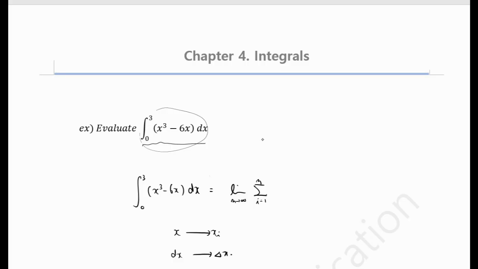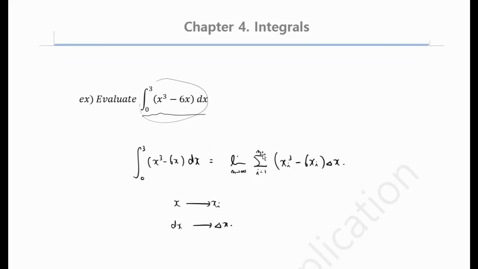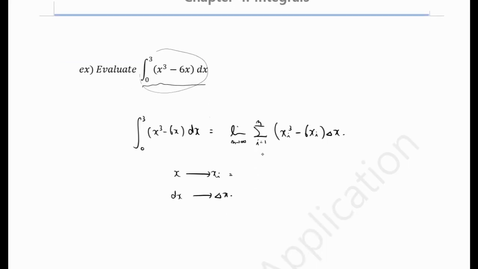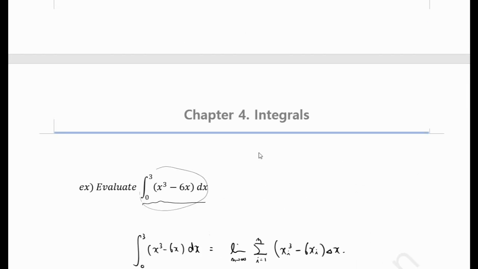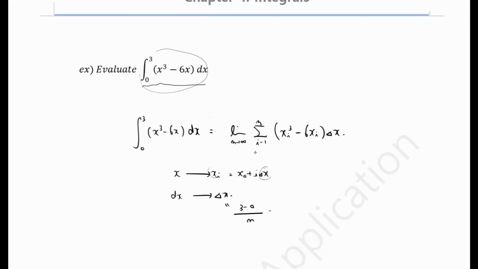So this is xi cubed minus 6xi, times delta x. xi is x0 plus i delta x. In order to know xi, we have to calculate delta x. Delta x is 3 minus 0 over n, which is 3 over n. So xi is 0 plus i times 3 over n.